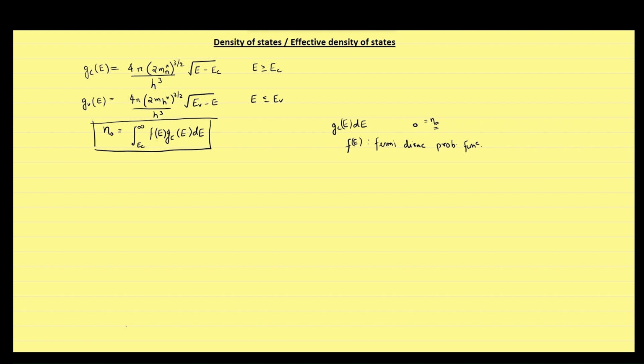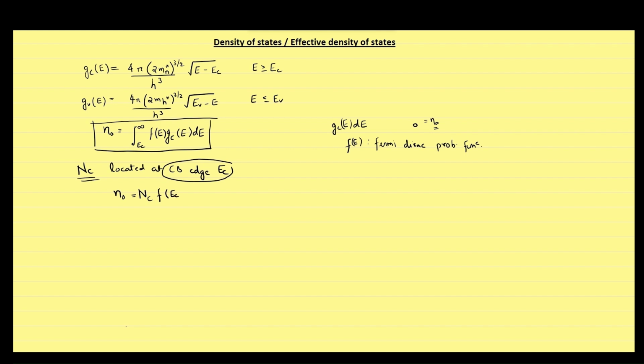The result of the integration is the same which will be obtained if we represent all the distributed electron states in the conduction band by an effective density of states Nc located at the conduction band edge Ec. Therefore, the conduction band electron concentration is simply the effective density of states at Ec times the probability of occupancy at Ec.